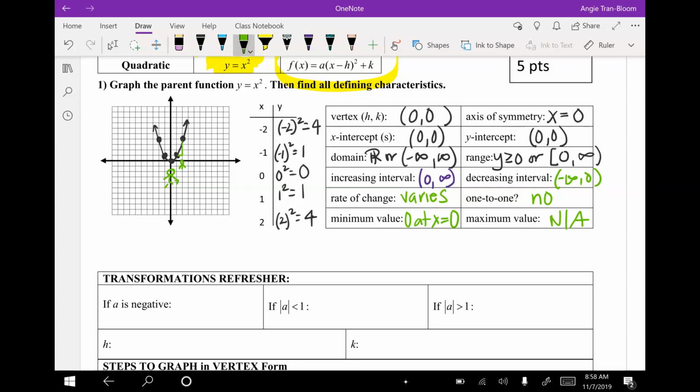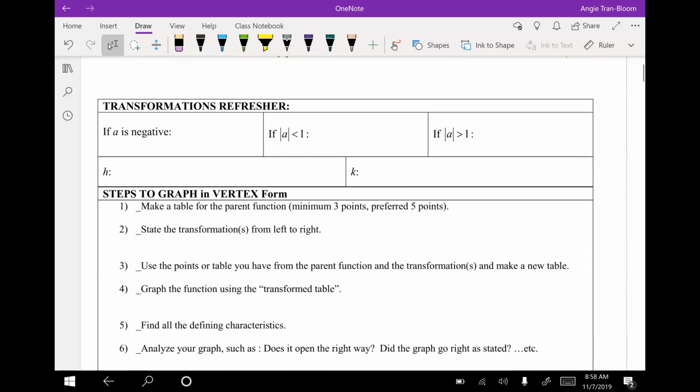Transformations refresher. Let's review really quickly. If your a value is a negative value, what do we state that? Reflect over the x-axis. Okay.